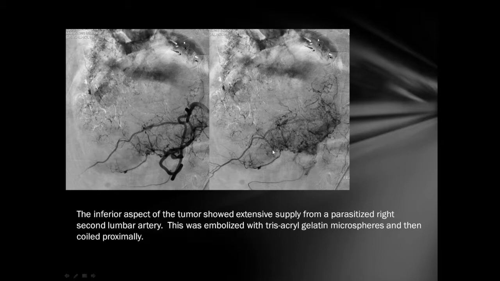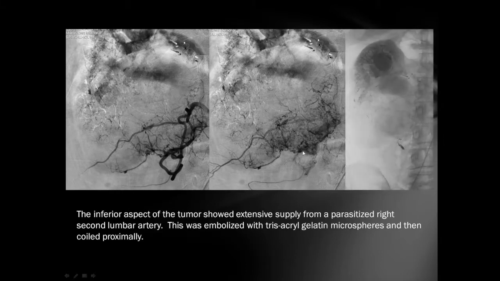Again, it would be very difficult to do this with an occlusion balloon in that branch. So this remaining vascularity was embolized with microsphere particles and then coiled proximally. This is what you're left with: vascular plug in the renal artery, coils in the right second lumbar artery, then staining of the tumor and of the kidney itself.